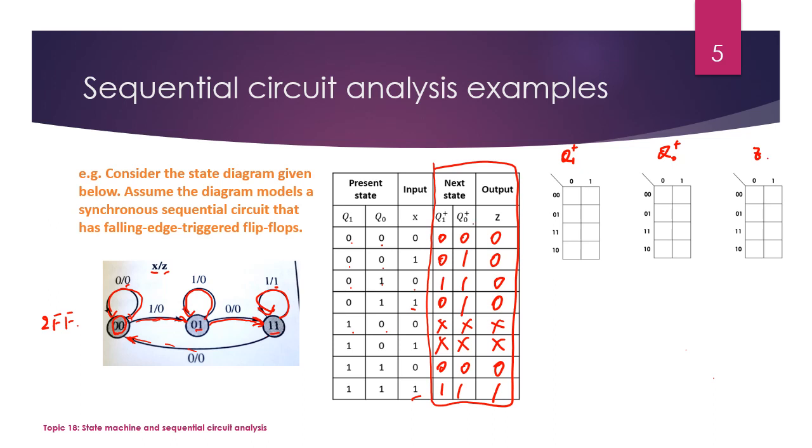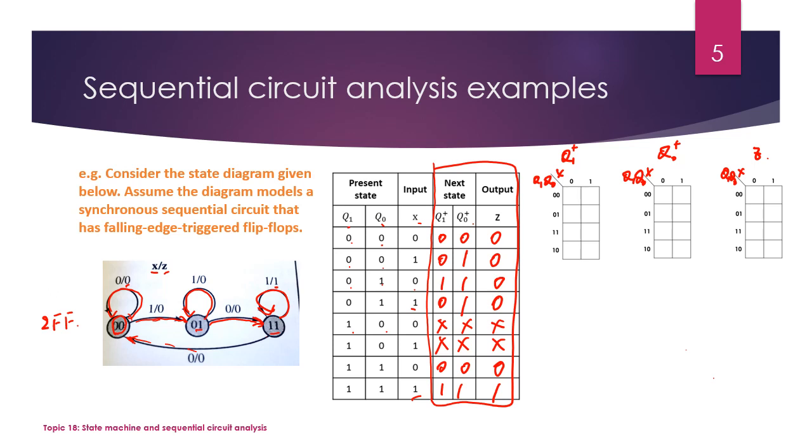So we have 3 outputs, and we have 3 inputs. So we have Q1, Q0, X. Q1, Q0, X. Q1, Q0, X. Okay.